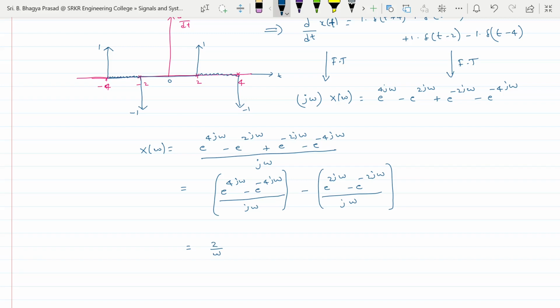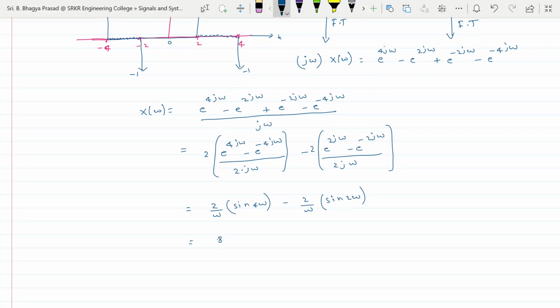So I can write this as, so I'm writing 2 by omega sine 4 omega minus 2 by omega sine 2 omega, which gives 8... sine 4, sorry, sin 4 omega, minus, and this one will be 4 sin 2 omega. Okay, so this one will be your x of omega.